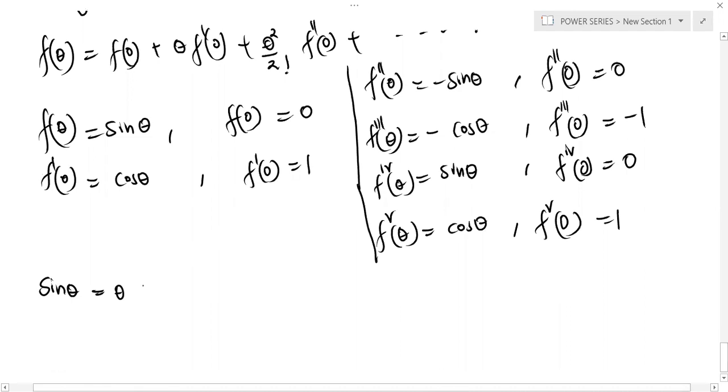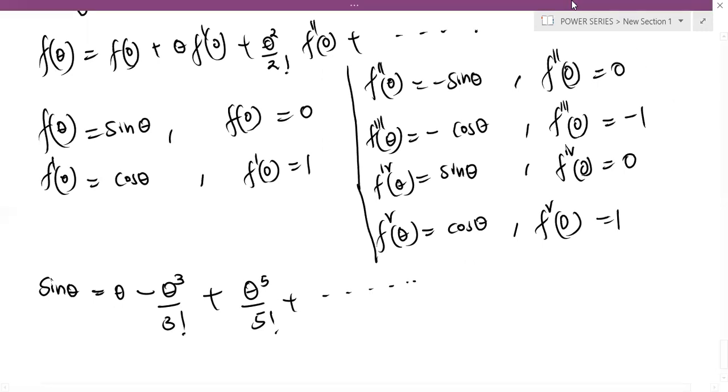Plus theta squared over 2 factorial. F double prime is also 0, so we'll go straight ahead with theta cubed over 3 factorial. F third prime is minus, so that's why I have that. F fourth prime is 0, so we leave that out. Plus f fifth prime is 1, so we'll have theta raised to power 5 over 5 factorial. So that's basically our power series for sine theta.